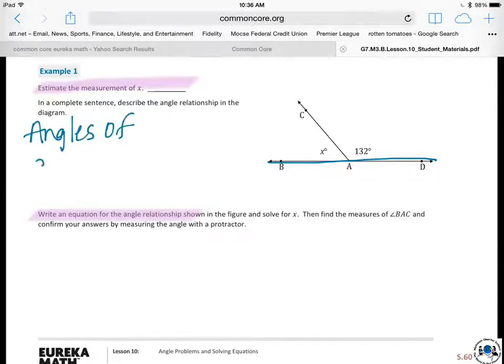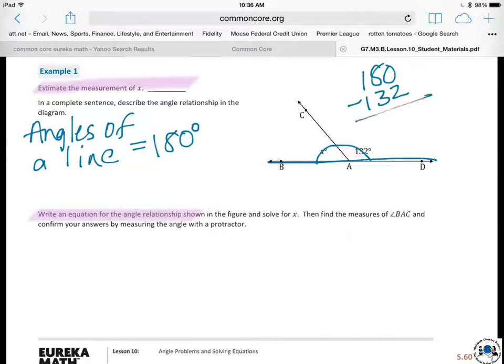What we know about angles on a line is that they're all going to add up to 180 degrees. So we could take 180, which would be the total of both of these together, and subtract away what we know. This is all arithmetic now, and we could see that this is going to be 48 degrees.